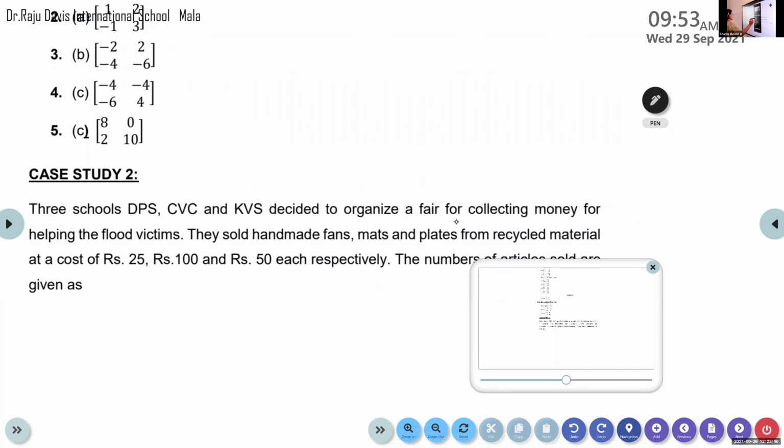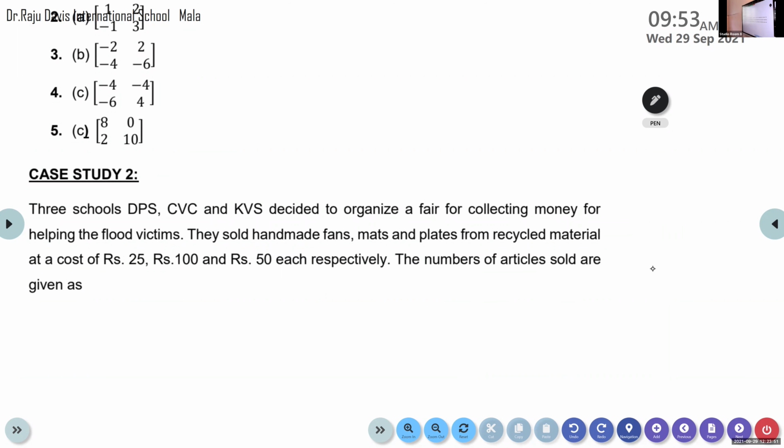Okay, the question is like this. Look at this, children. Three schools, DPS, CVC, and KVS, decided to organize a fair for collecting money for helping the flood victims. They sold handmade fans, mats, and plates from recycled material at a cost of, note down this cost, rupees 25, rupees 100, and rupees 50 each, respectively.